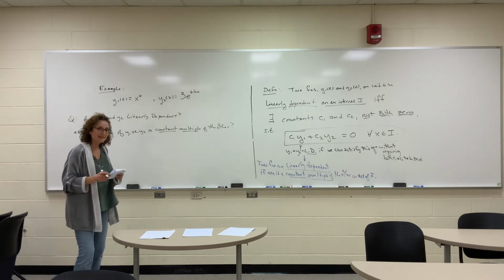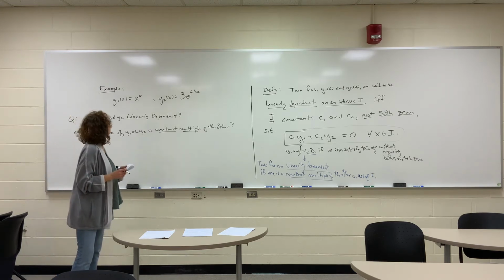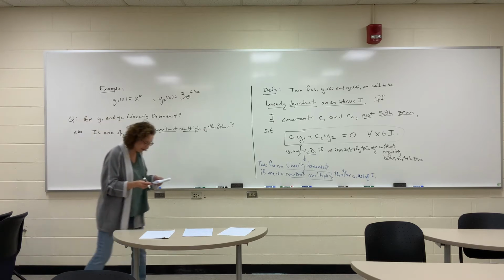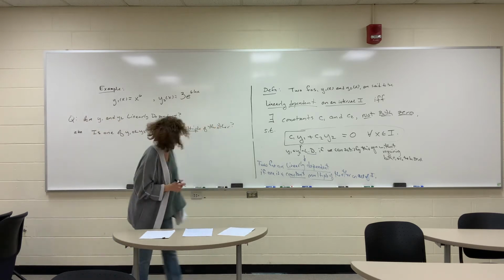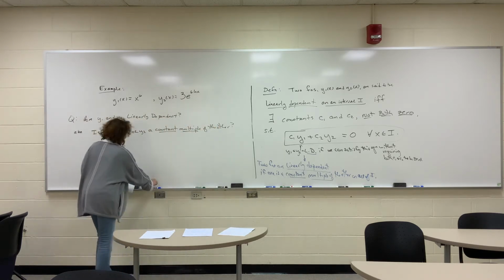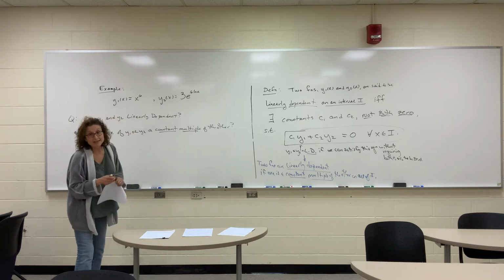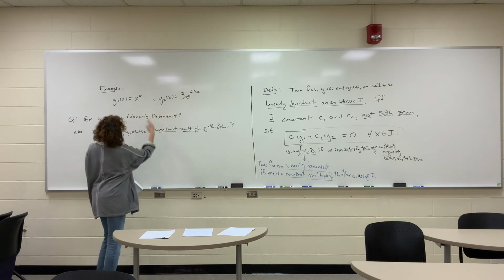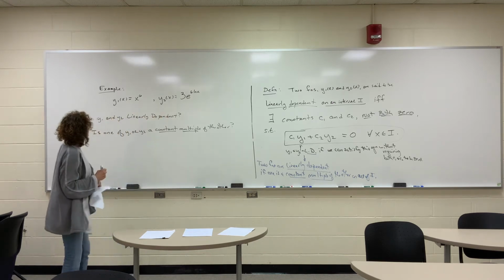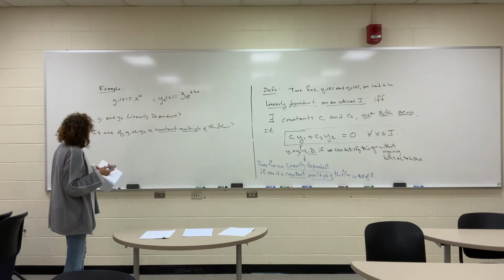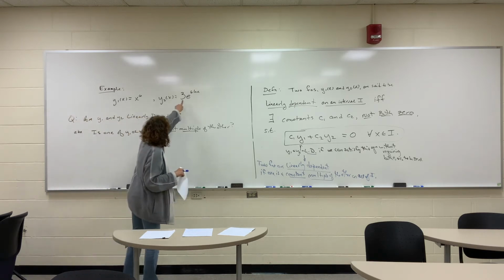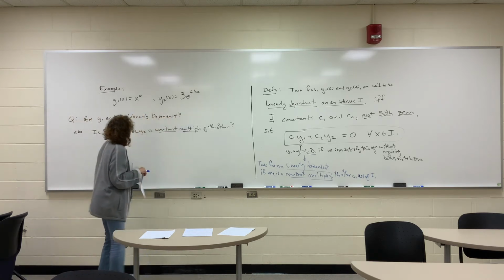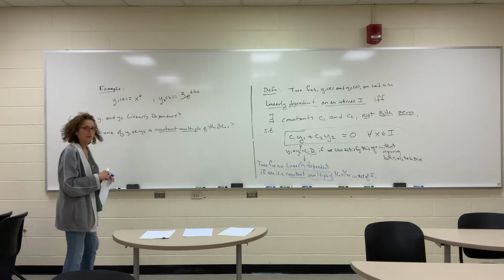What do you think? Yes? No? Be a little careful there. Let's see. At first sight, they don't seem like it, right? At first sight, you're like, no, they are not constant multiples of each other. Right? Here's a constant, times some function that's not that function, so, you know, no.